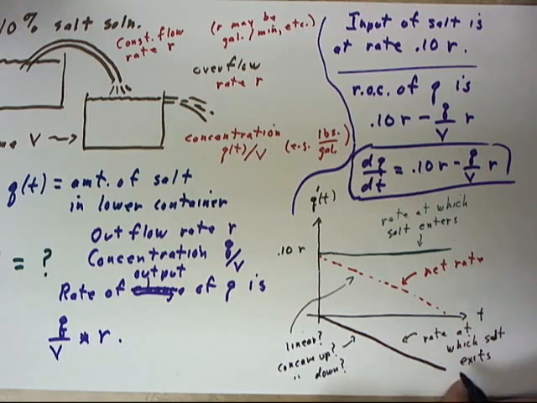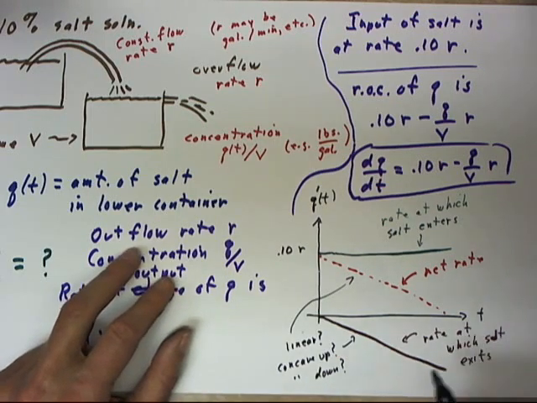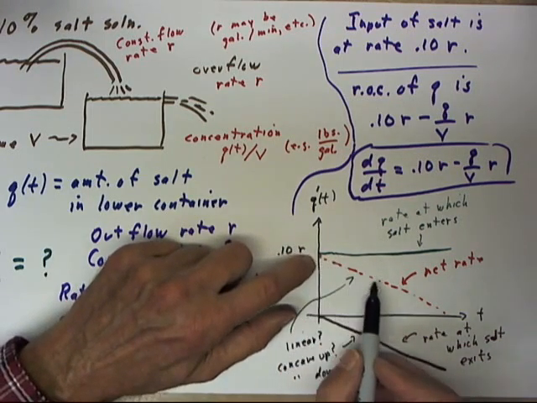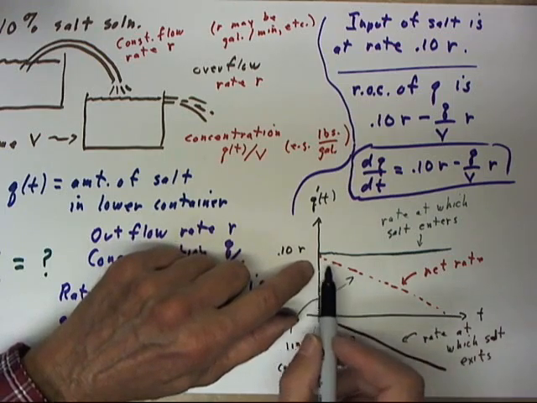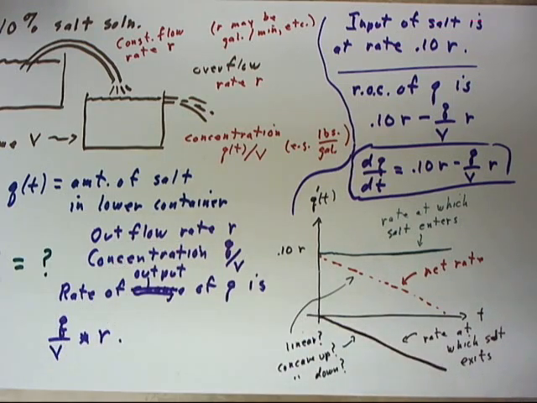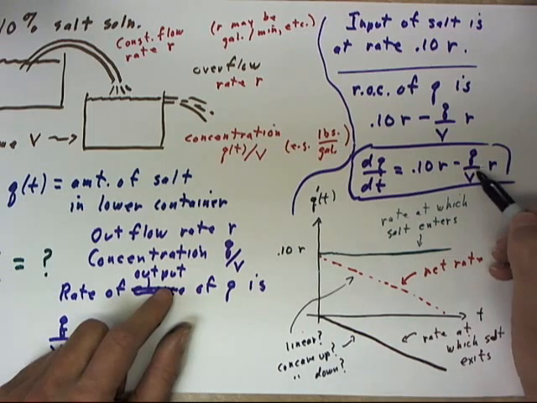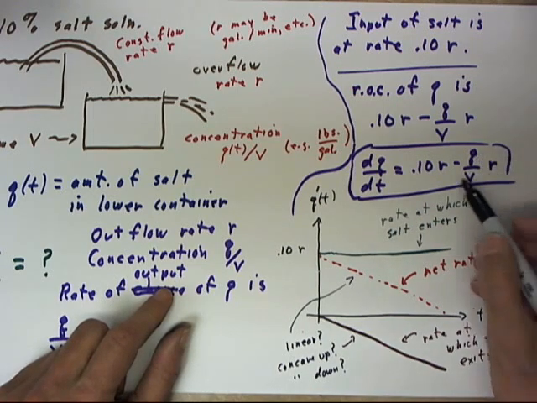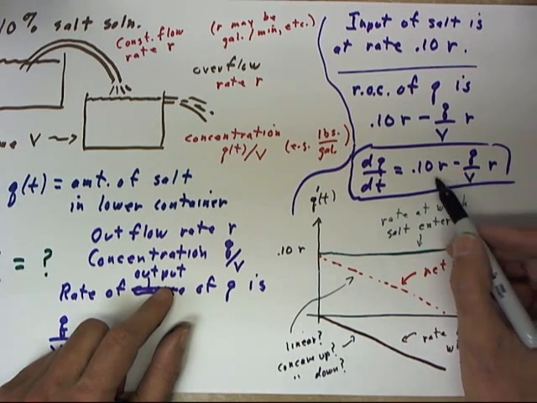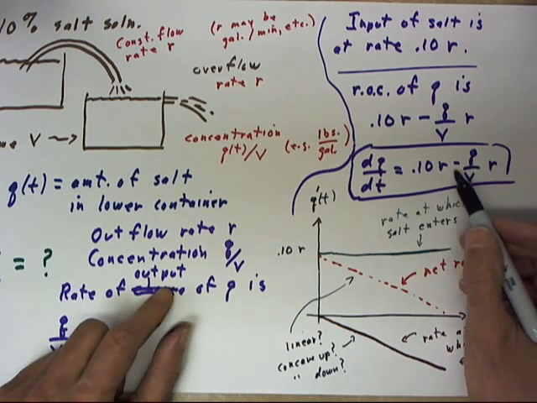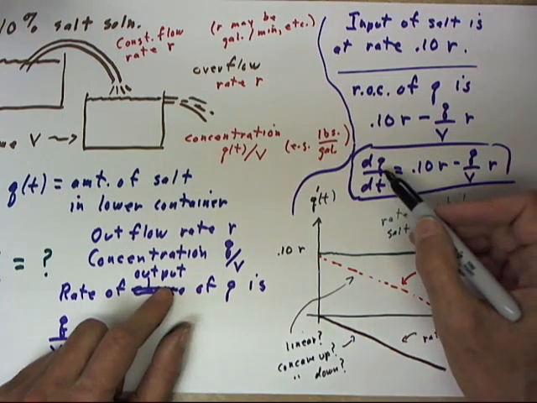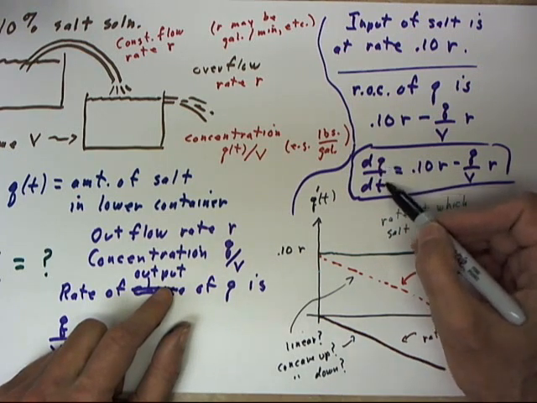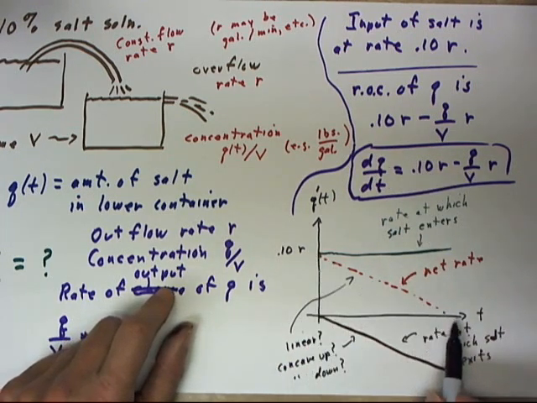If we take a little bit of liberty with the words, we see that we have a net rate of change of salt that's decreasing with time. Up here in the equation we see that if Q increases with time, then this right hand side is going to decrease. The bigger Q gets, the bigger the negative gets, and the smaller will be dQ/dt. So that's consistent with the graph.